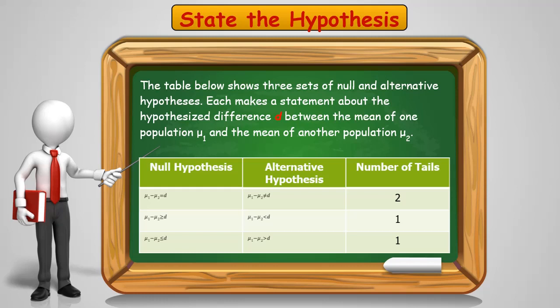And if it's not equal to 0, it could be greater than or less than, so this again would be a two-tailed test. But we could say that it's greater than or equal to a value or less than or equal to a value. Just like last time, that would make this a one-tailed test.